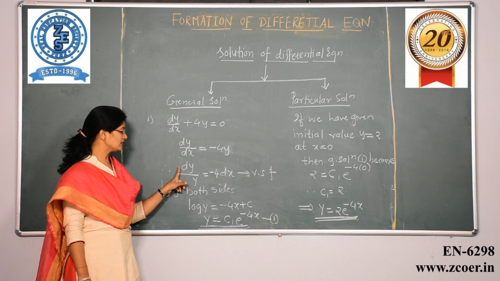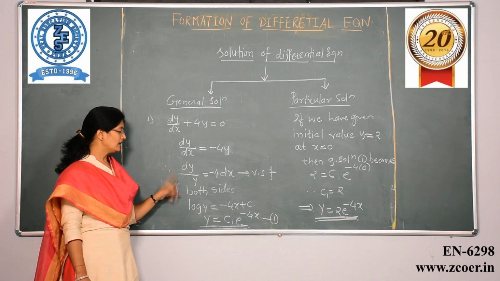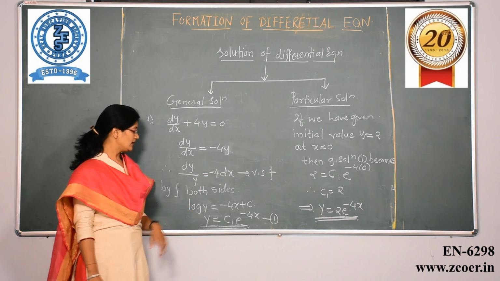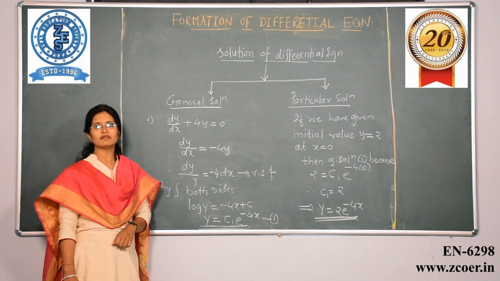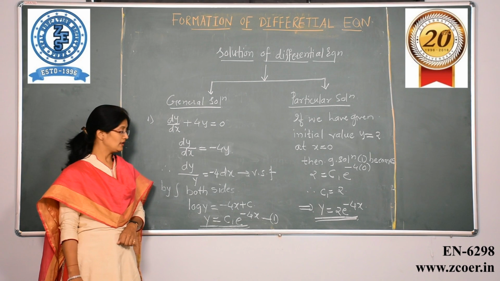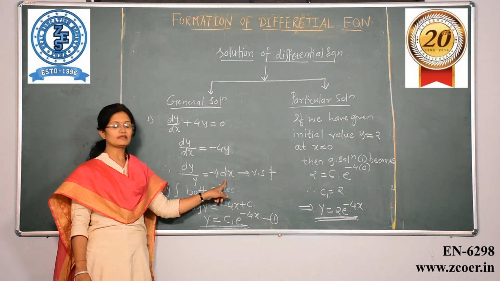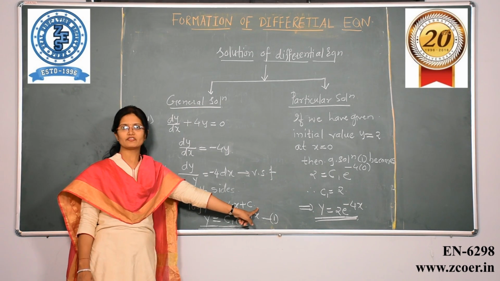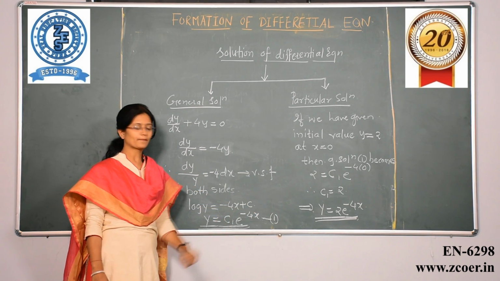So when you take the integration of dy by y and the integration of minus 4 dx, then you know that the integration of 1 by y is log y, whereas the integration of dx is x, plus there is a constant of integration, that is constant c.